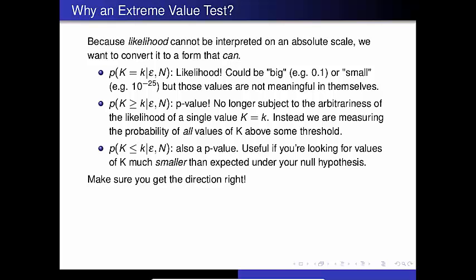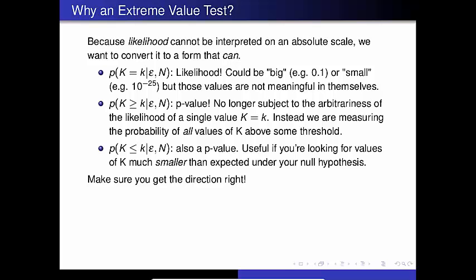So the difference here is that the likelihood is just a probability density. The actual density value as a number is not meaningful. By contrast, with a p-value now we're talking about a cumulative probability, so it's no longer arbitrary what the local density is. It's talking about the entire probability range, so it's a true probability as opposed to just a probability density.